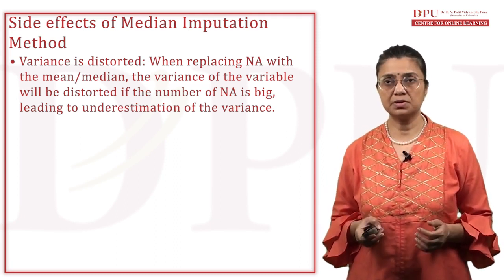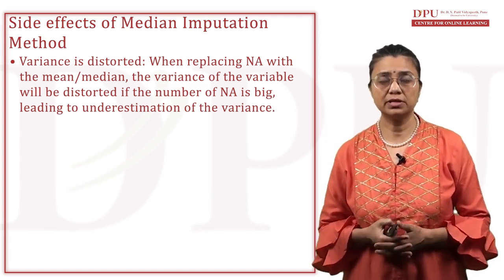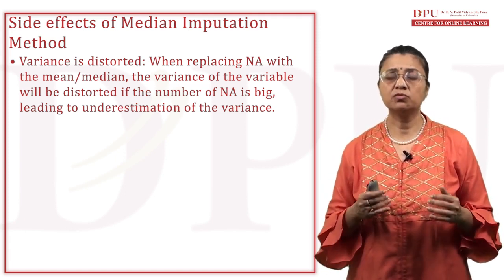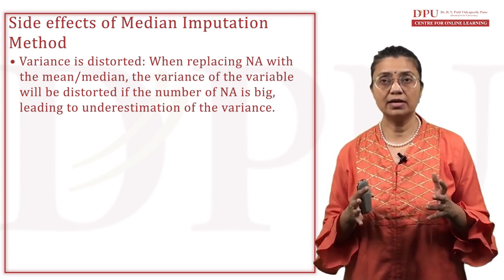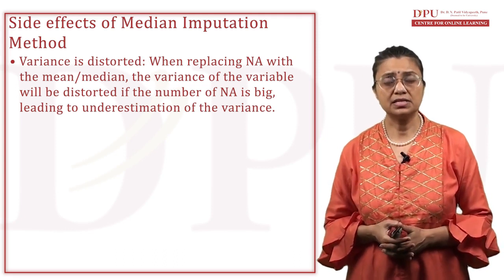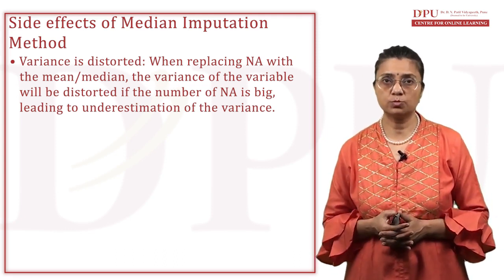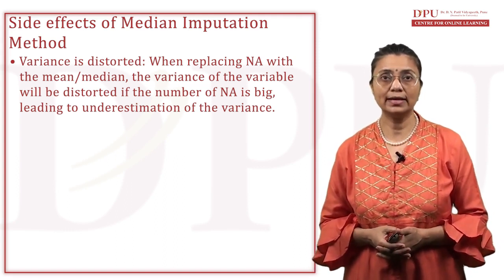Because sometimes the NA is quite big, and the value that we have substituted in place of NA can be a number which is a little lesser than the original value. So in that case, if too many NAs are present, and there is a lot of NA in the total responses, then it can lead to underestimation of the variance.